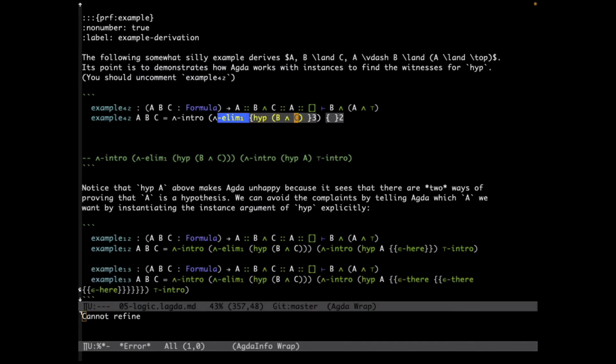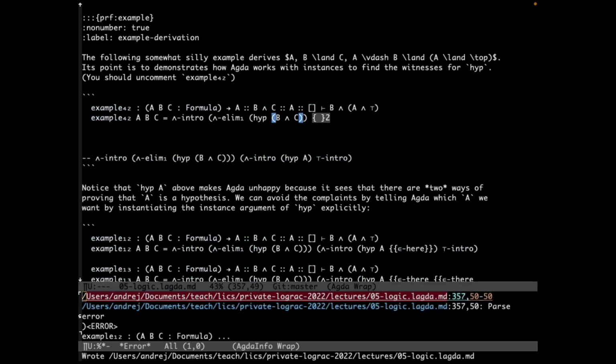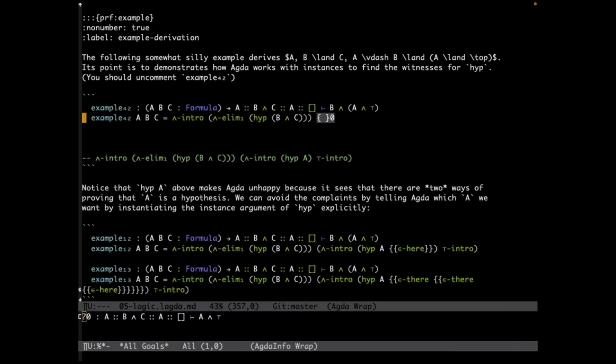And now, because of these instance arguments, first of all, the hole doesn't want to work, which is super annoying. We've reached the limits of Agda here. One more try. See, now it's happy.